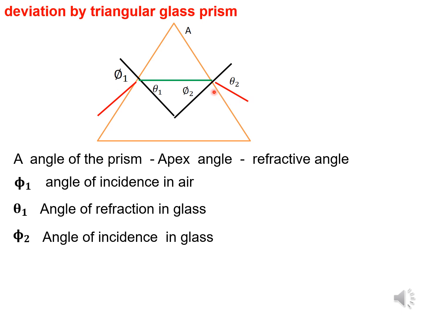This is the emergent ray. The angle theta 2 is the angle of emergence, the angle subtended between the normal and the emergent ray.